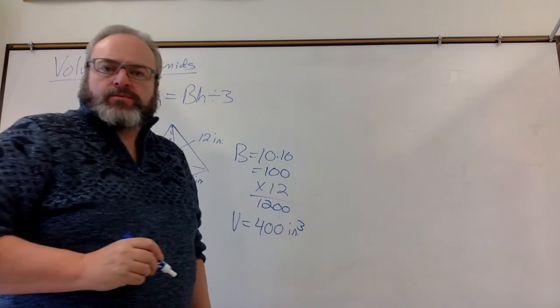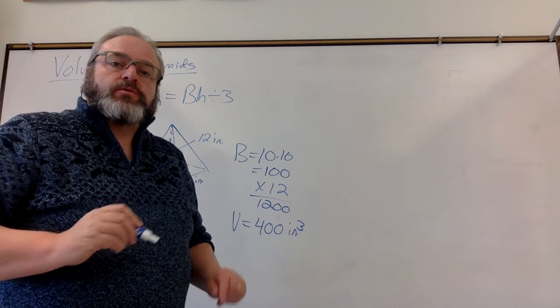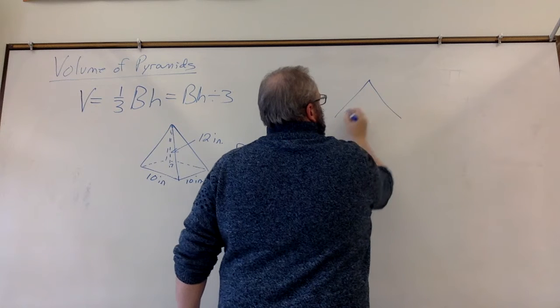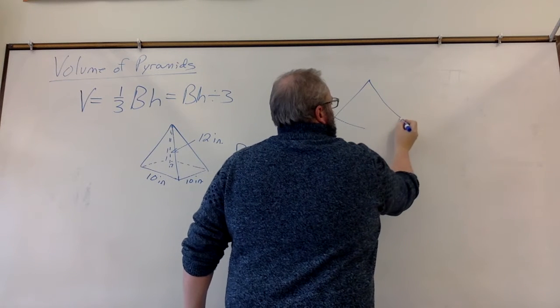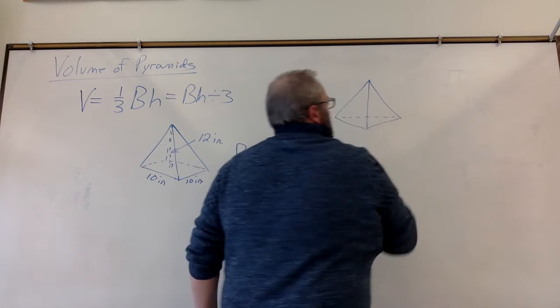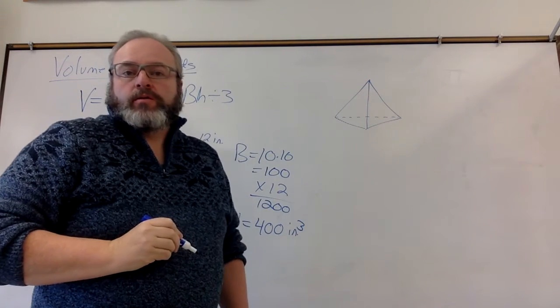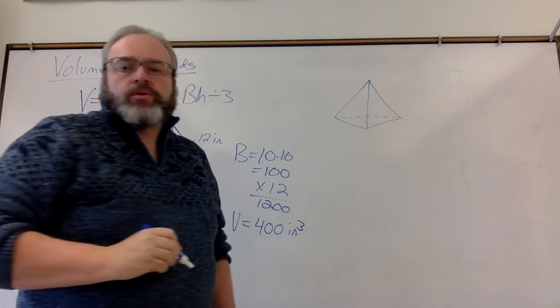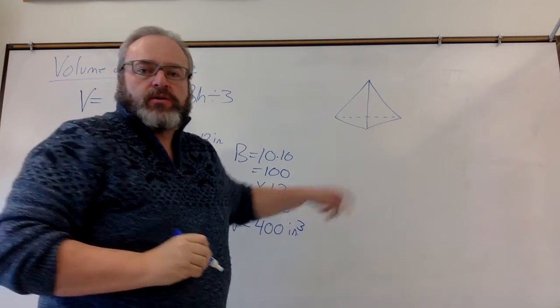I find triangular pyramids are one of the more difficult ones to draw. Not the best, but that works. Okay, so we need to know the dimensions of the triangle on the bottom.